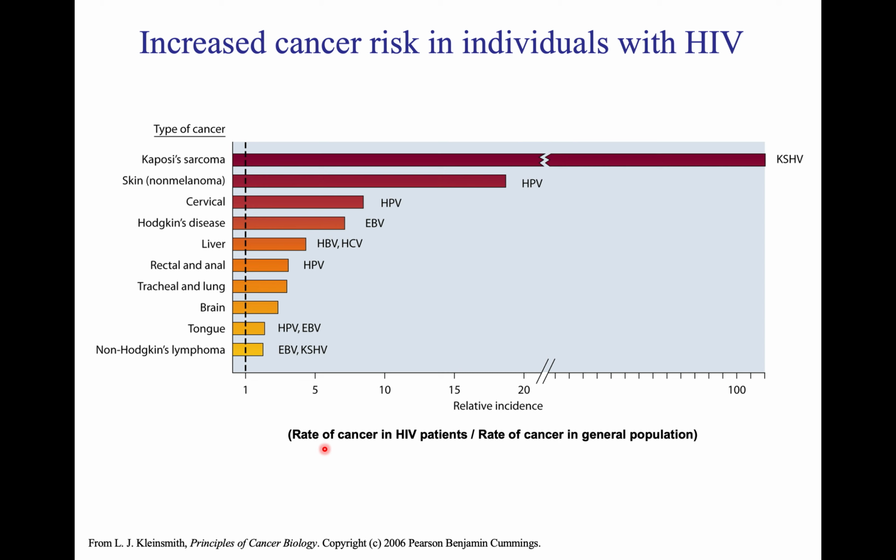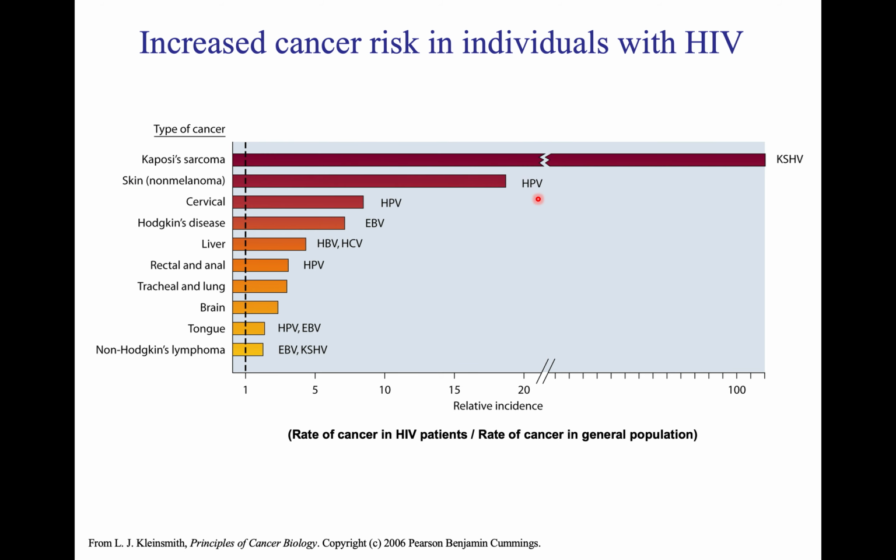So here we're looking at cancer rates in HIV, or really in AIDS patients, cancer types attributed to some specific different viruses. So for whatever reason, Kaposi sarcoma, almost 100%, more than 100% increased risk if you have HIV.